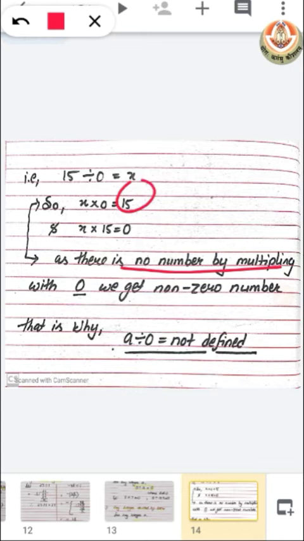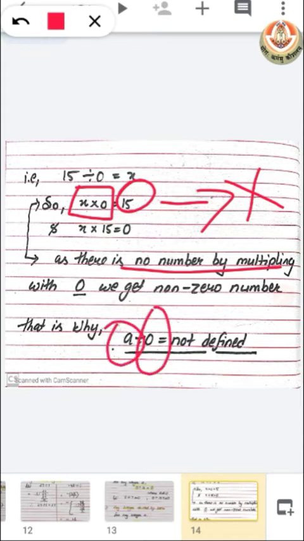It could not be possible that when we multiply any number with 0, it is other than 0. So, this situation is false or not applicable. That is why we are saying that any integer divided by 0 is not defined.